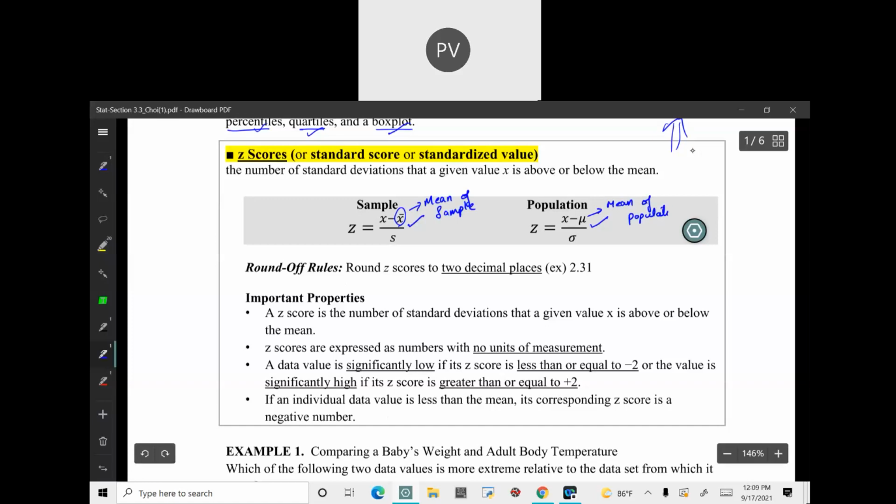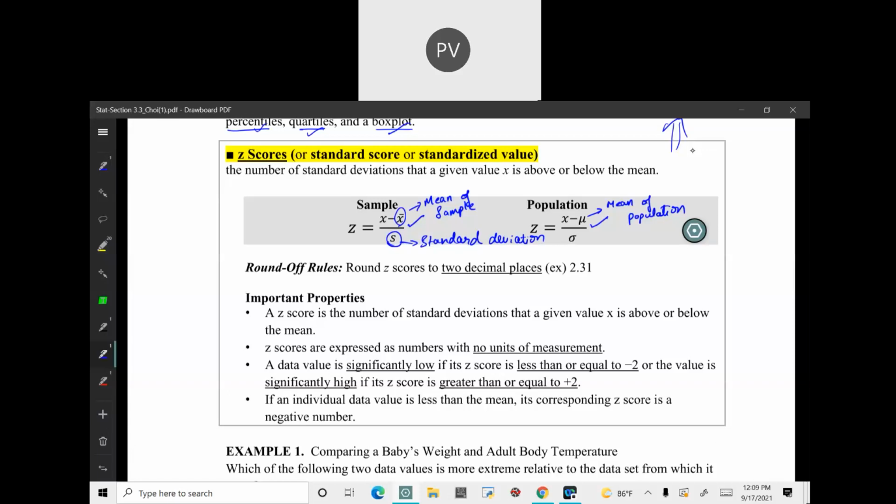And what is S? Yes. What is S? Yeah, this is standard deviation. Okay, so z-score is calculated using this formula, which is nothing but the difference of a data value with the mean divided by a standard deviation.